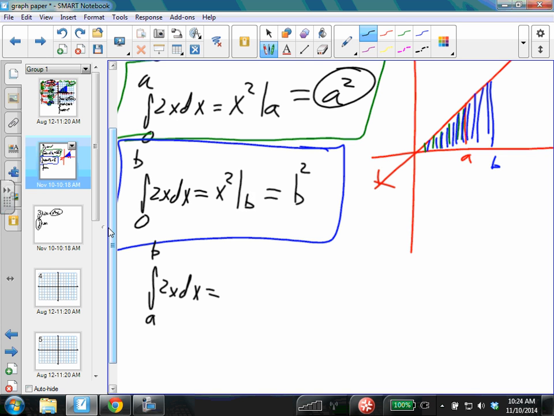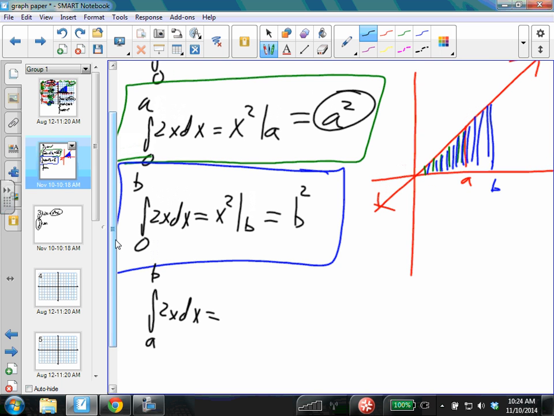But here's the easy thing. Think about properties of integrals. If I know the area from 0 to b and the area from 0 to a, because the area so far function can give us both of those numbers, how do you get from a to b? This is what we're looking for.